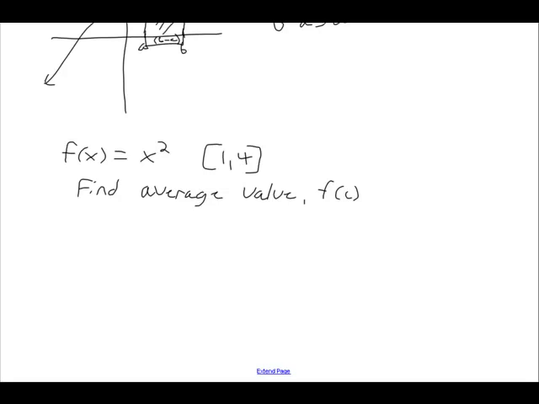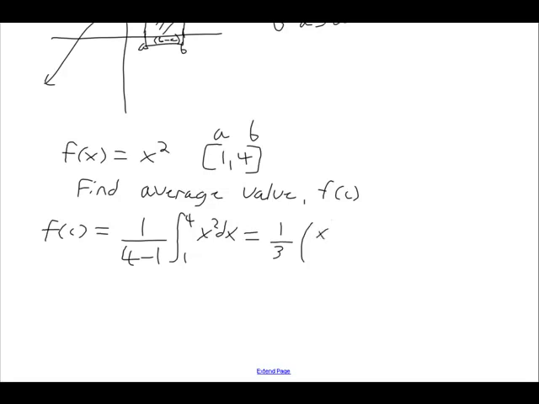So we'll say that our b value is 4, our a value is 1. So f of c is equal to 1 over b minus a times the integral from a to b of f of x dx. We calculate that, that's 1/3 times the integral of x squared, which will be x to the third over 3, and we're evaluating from 1 to 4.